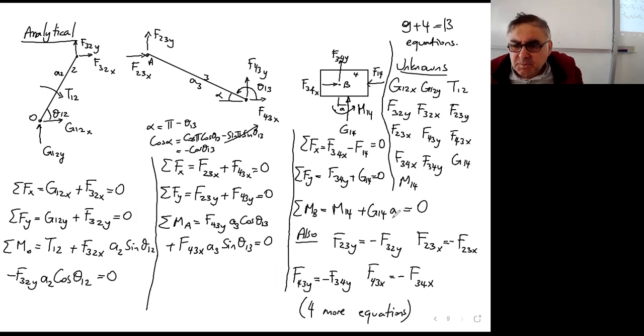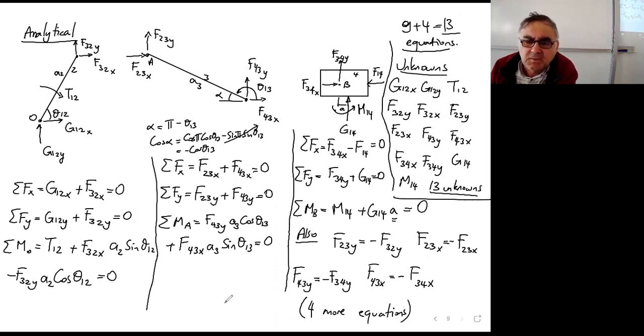Okay, this A has to be somehow given, otherwise you cannot really determine. So you have 13 unknowns and 13 equations, as you see, which can be solved.